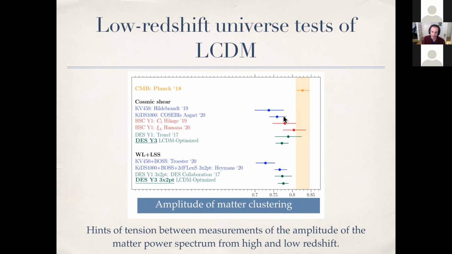And then measurements made from a variety of different analyses of galaxy surveys are these points here. You can see that there's a discrepancy between these two things. The galaxy surveys are all coming out a little bit low compared with the measurement of the matter power spectrum from the Planck satellite. While this is not super statistically significant yet, it's starting to become a little bit tantalizing, and people are starting to get quite interested in this.